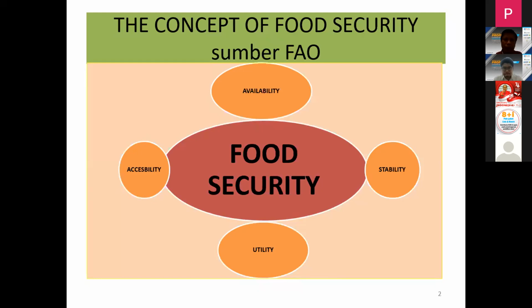I think these four aspects are what we want to know about the implementation. What about organizing food, for example, local food innovation in Banten, Indonesia, and the world also.